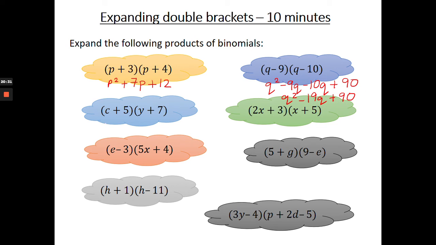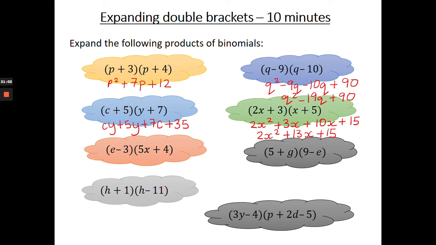Here we're going to get cy plus 5y plus 7c plus 35. Then here we've got 2x squared plus 3x plus 10x plus 15, which simplifies down to 2x squared plus 13x plus 15.